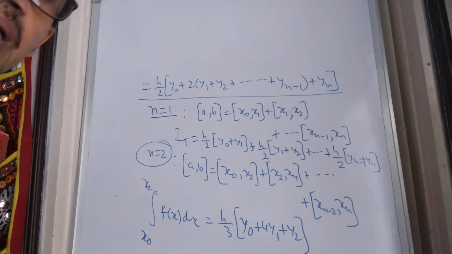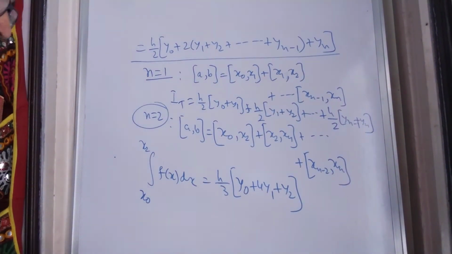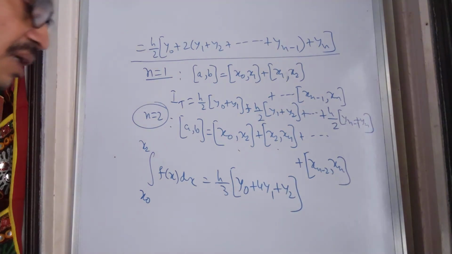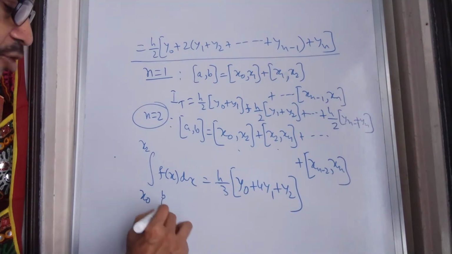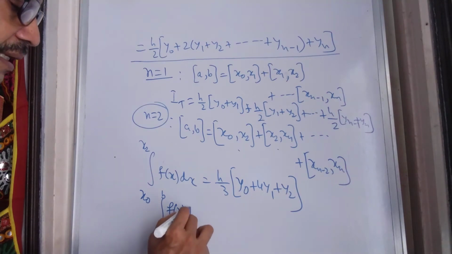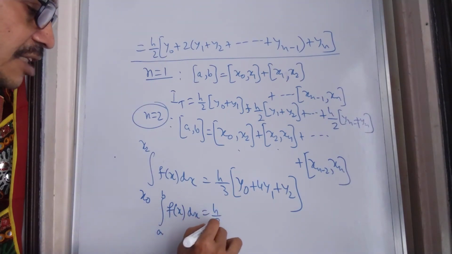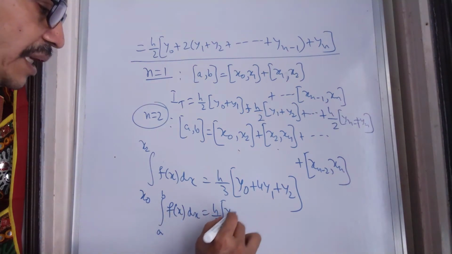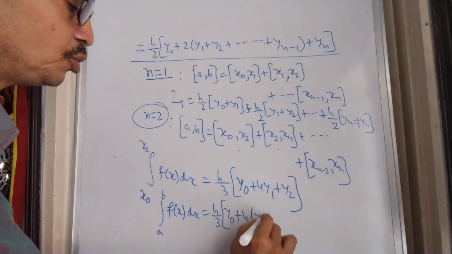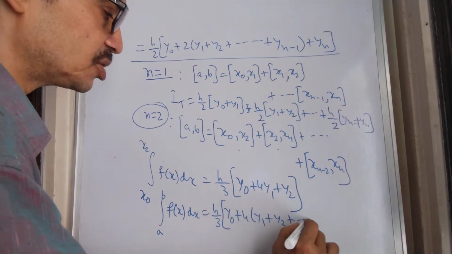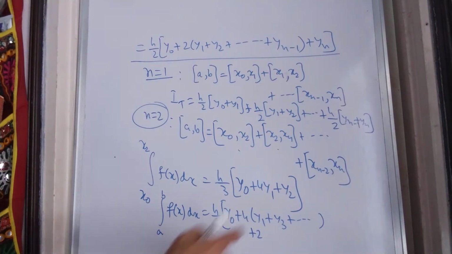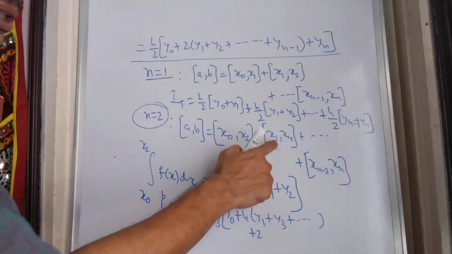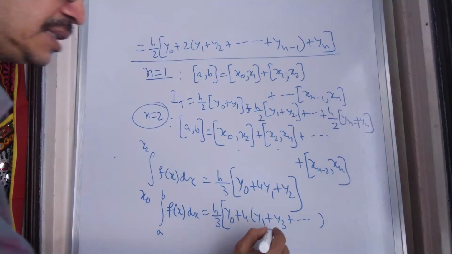And that is why, whenever we add this up, we have the formula for a to b f(x) dx as h by 3 [y0 plus 4 into (y1 plus y3 plus ... all odd nodes), and these y2 get doubled, isn't it so?